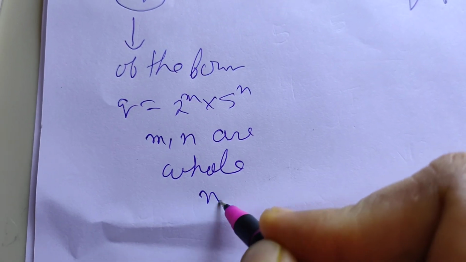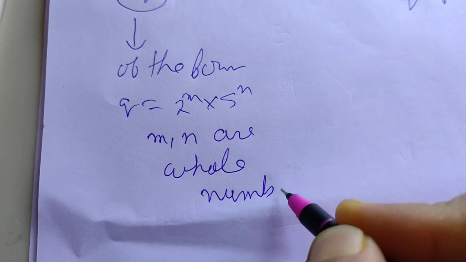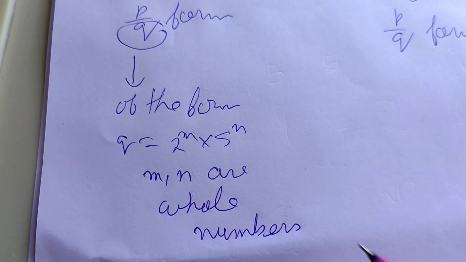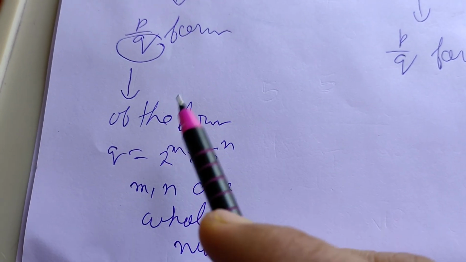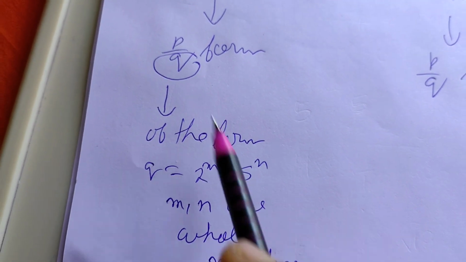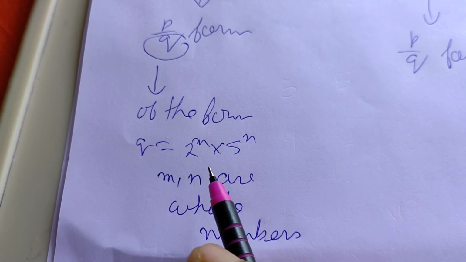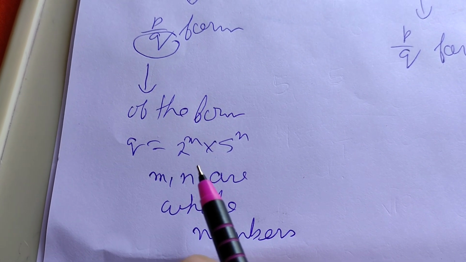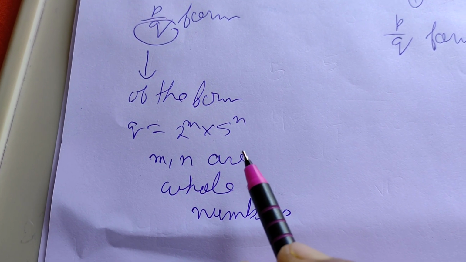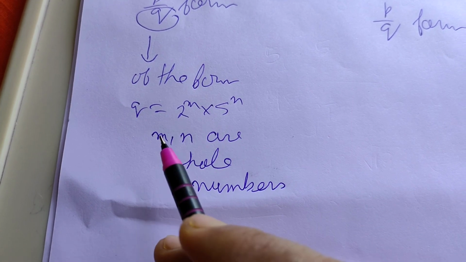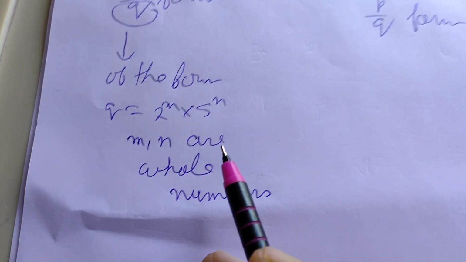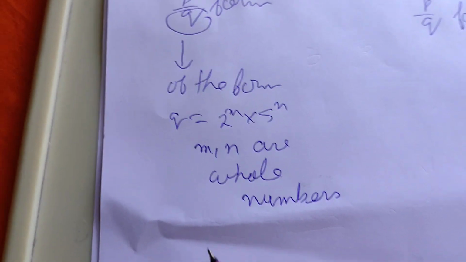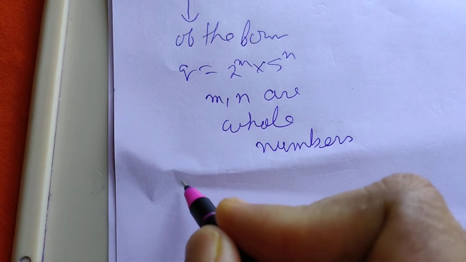Whole numbers means even 0 can come. So what is the meaning of this? This means that in the prime factorization of the denominator, only either the prime number 2 will come, or the prime number 5 will come, or the prime numbers 2 and 5 both can come, and no other number should be present in that. So this is for terminating decimal expansion.